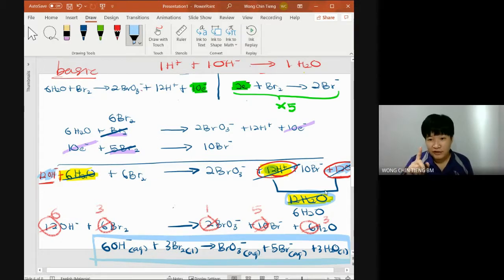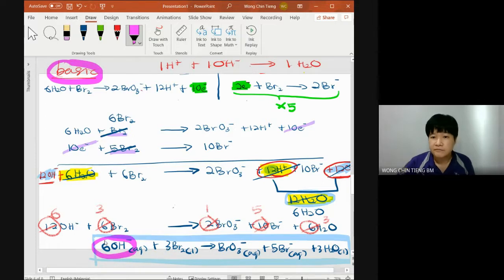And before we go for Intan question again, senang je nak check jawapan kamu betul atau salah. If your question is a basic medium, look at your answer, it must have the OH.